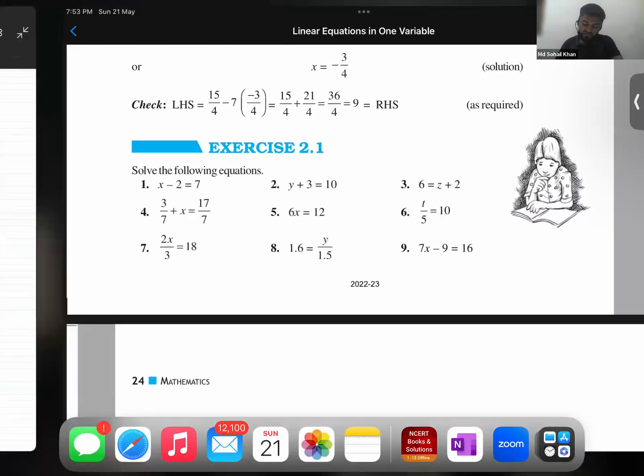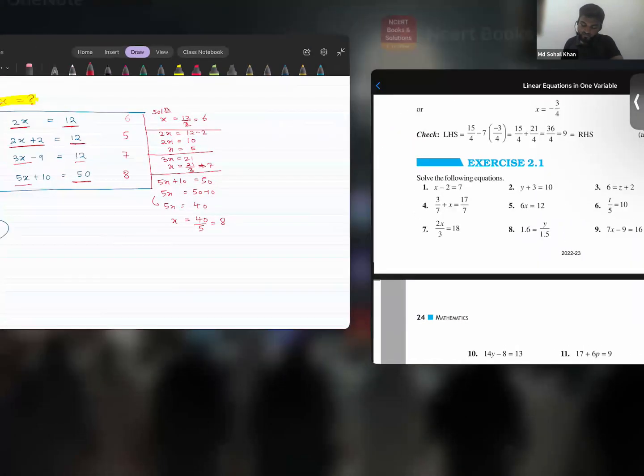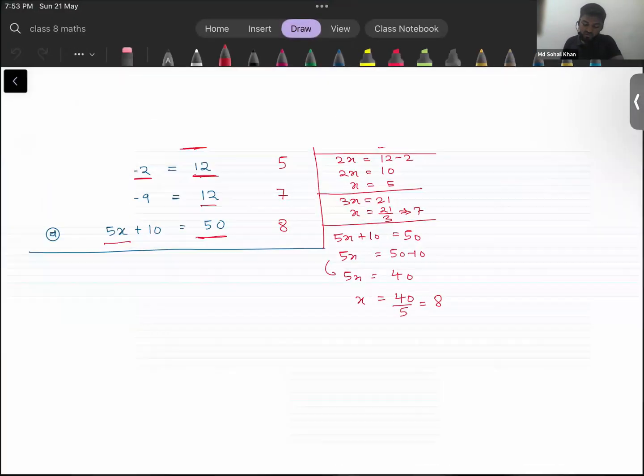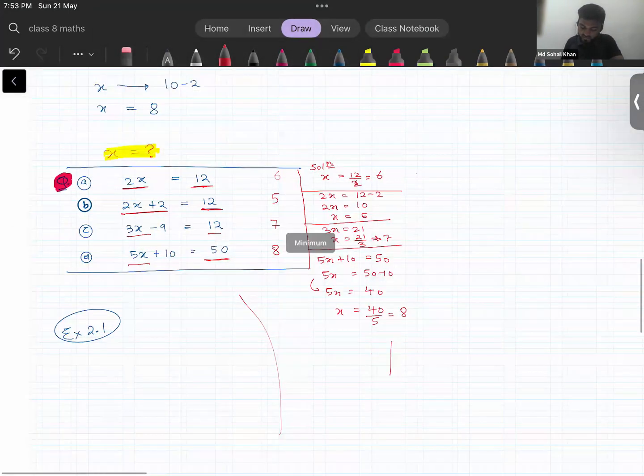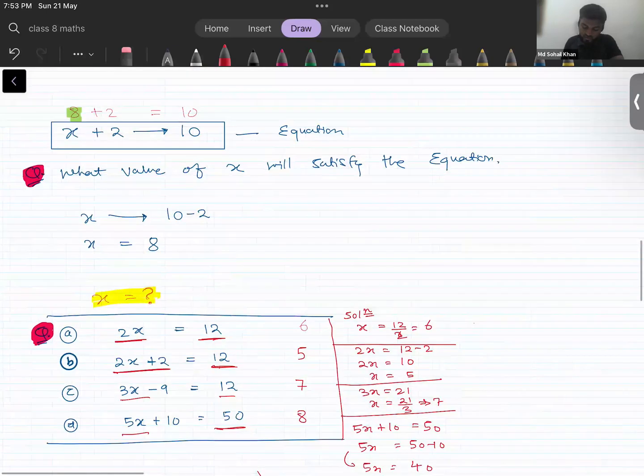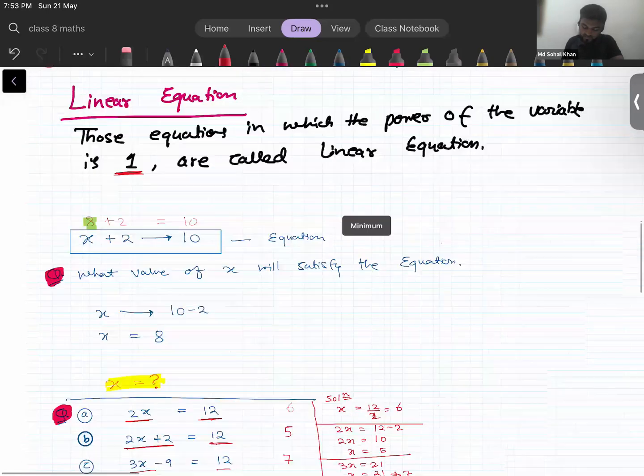One more thing to discuss here is what the solution of an equation means. Ahmed, any idea?